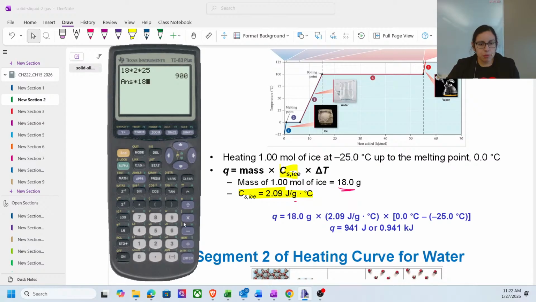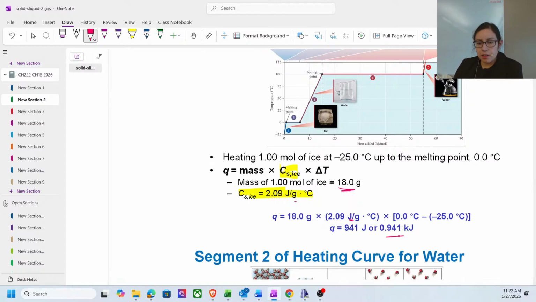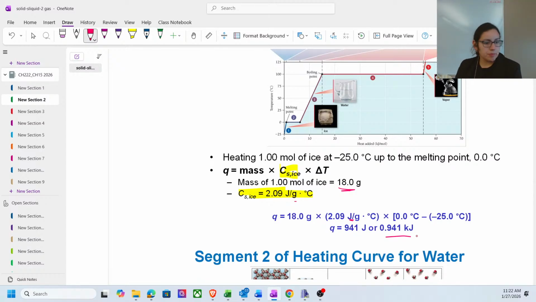So let me try that one more time. Sorry. There we go. So 940.5, and then joules. Watching the units, rounding up to 941 joules, and then we probably want to convert it to kilojoules, so moving the decimal over 3 for later. Questions so far?